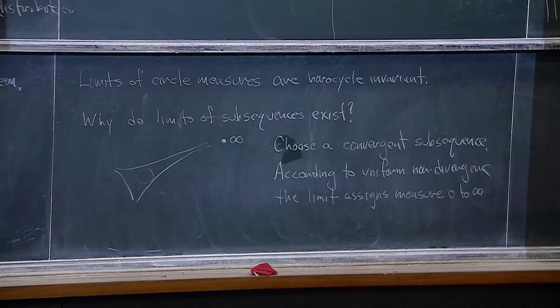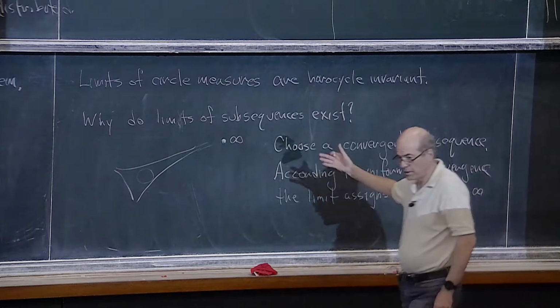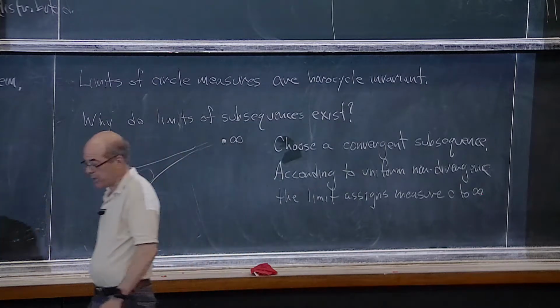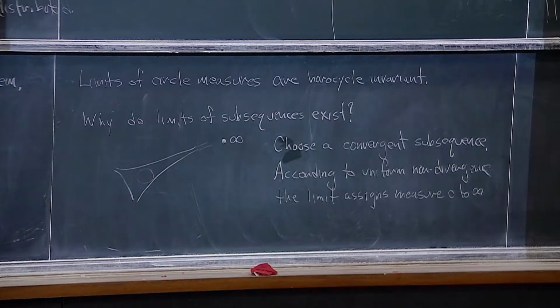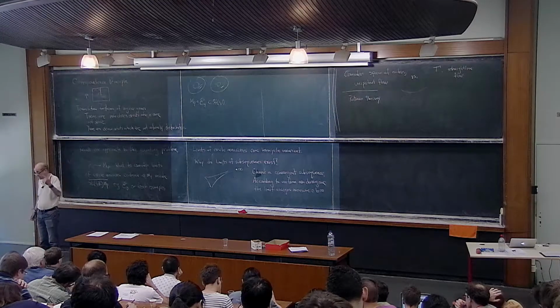So we have as a result a genuine probability measure which is horocycle invariant.